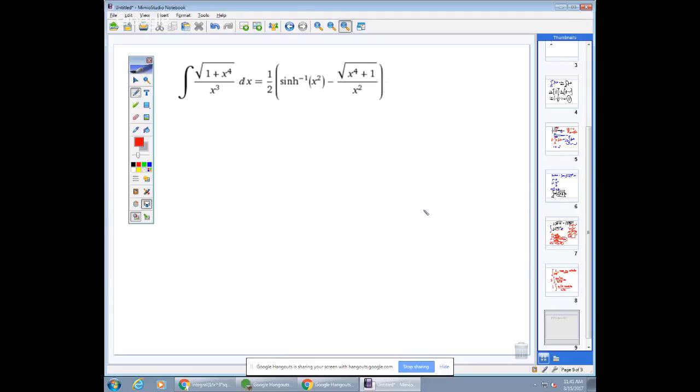Now we were trying to take the antiderivative, sorry, the integral of this as x went from 1 to some constant a, and that constant a is going to go off to infinity. So we've got to figure out what happens there.